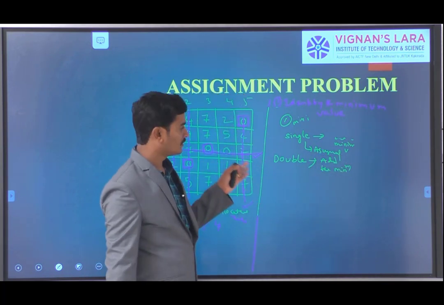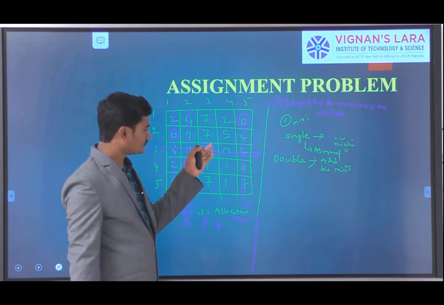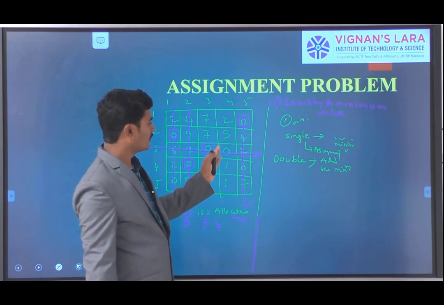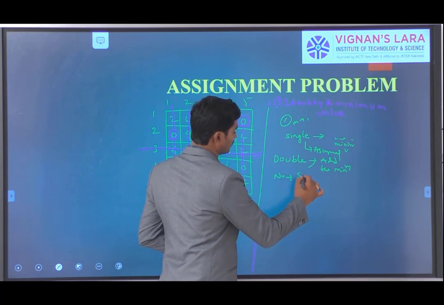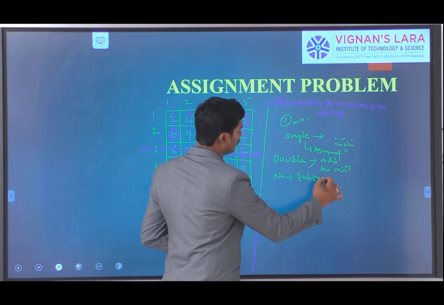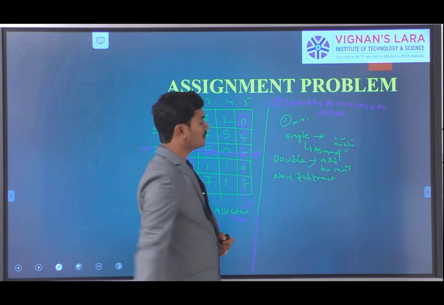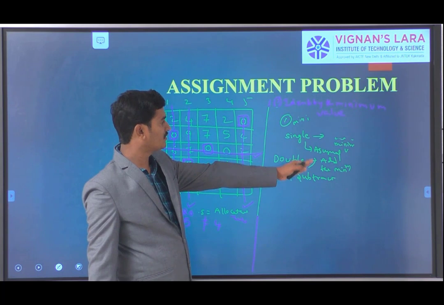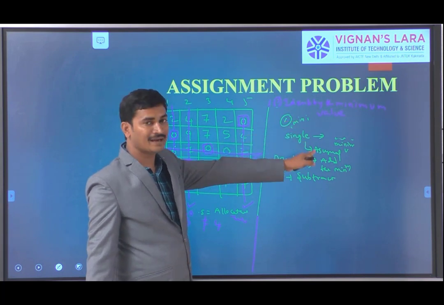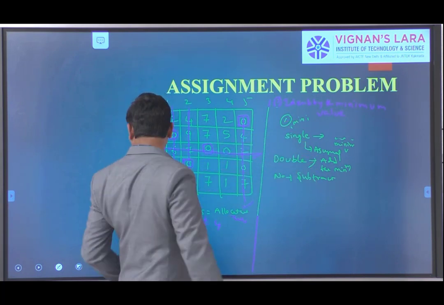When we have no line, we subtract. So the minimum value we add where there are two lines, and the minimum value we subtract where there is no line.